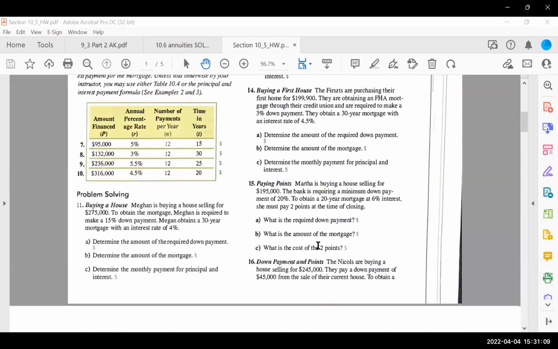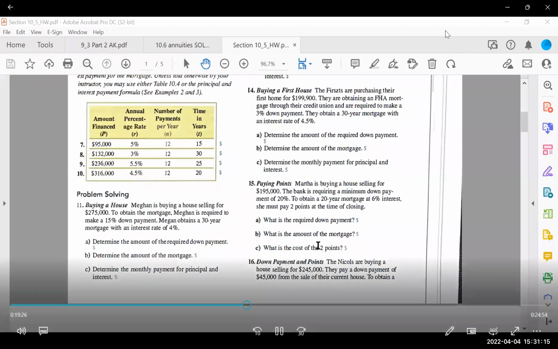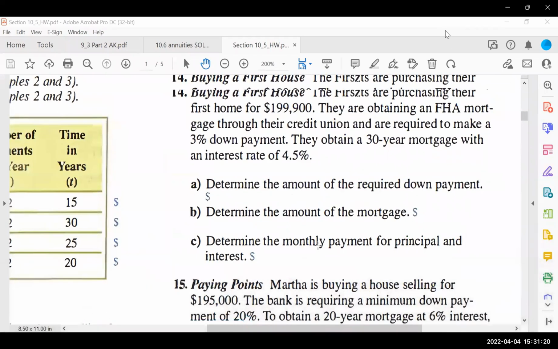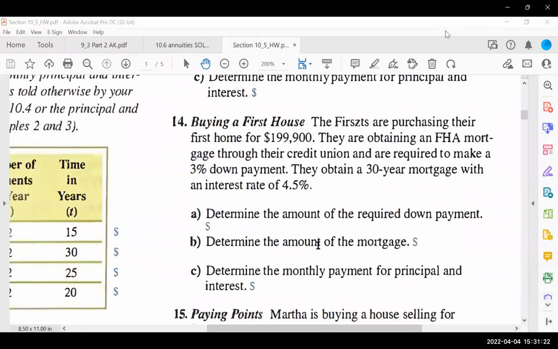There's no standard problems. Let's see, what is the amount of mortgage? All right, here we go. Number 14 looks good. See, there's the first time home buyer. That's the FHA. They only have to put down 3% for down payment. So that's nice.